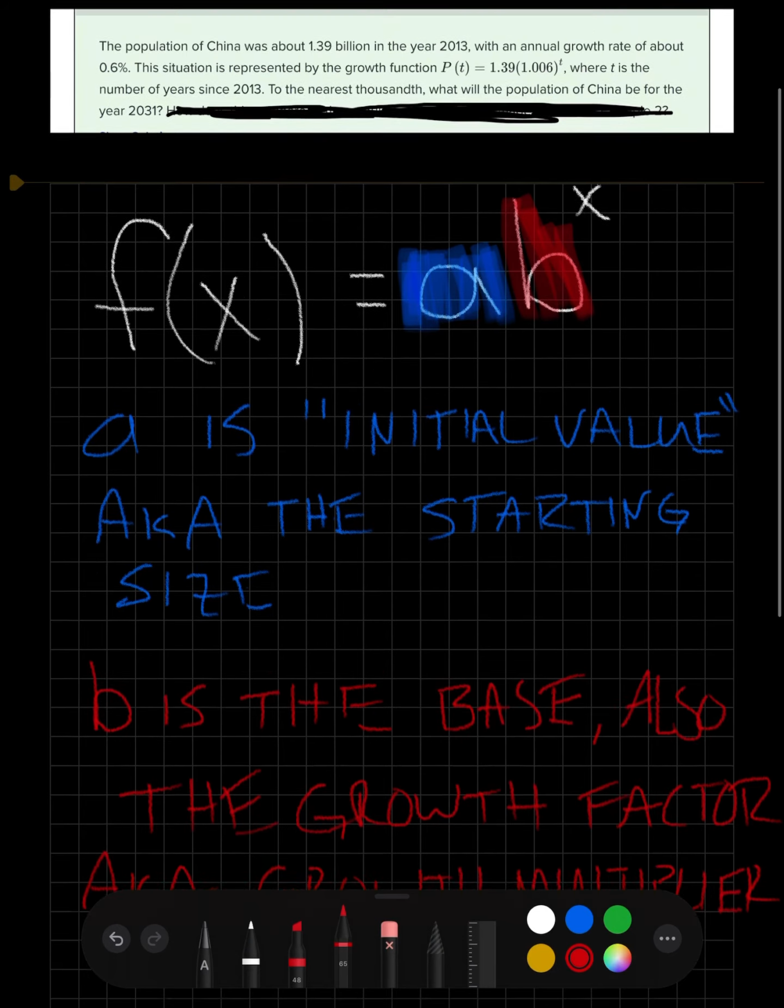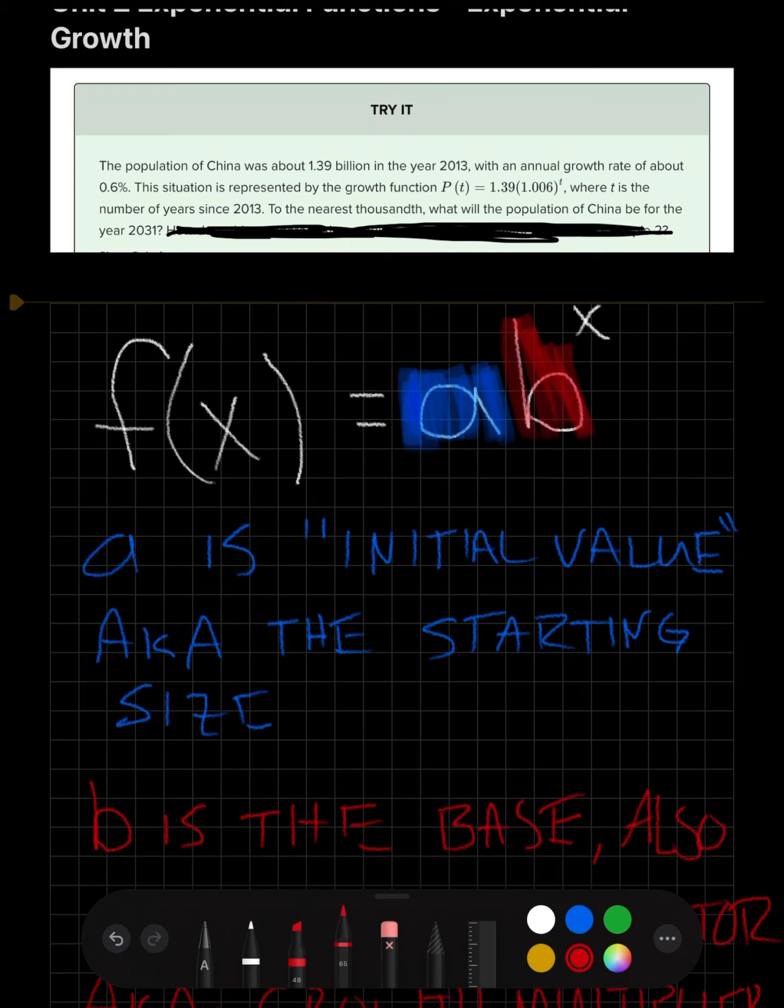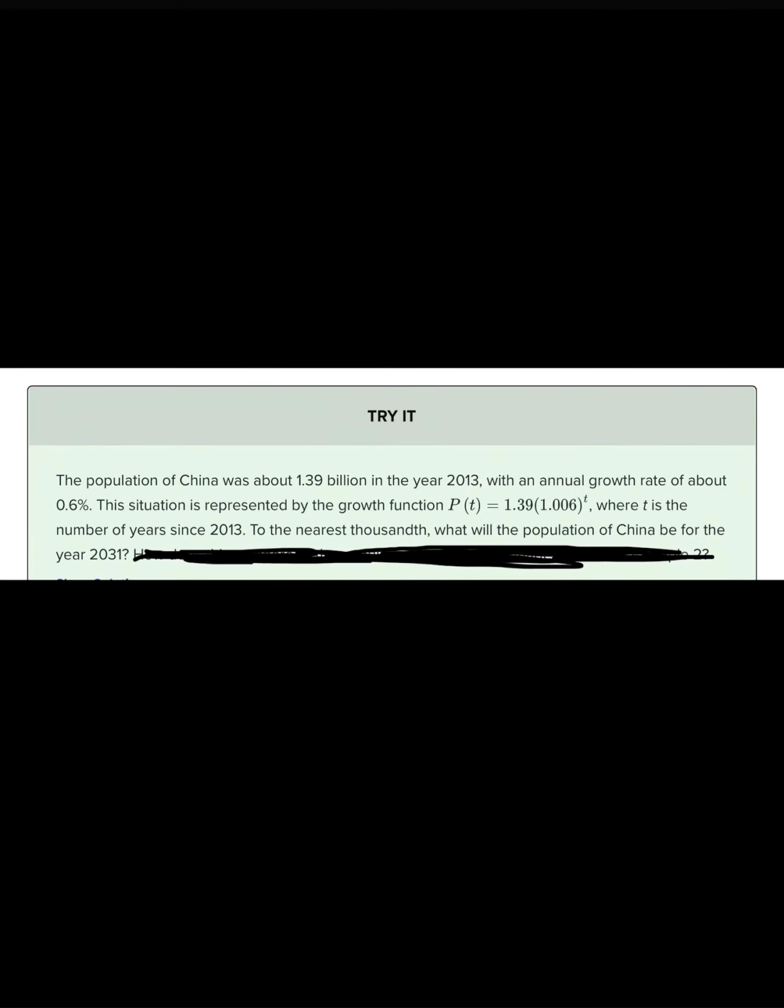So let's take a look at this little example here. This is from your Lumen interactive exercise. It says the population of China was about 1.39 billion in the year 2013, and has an annual growth rate of about 0.6%. So this is the growth function we're looking at, where t is the number of years since 2013.